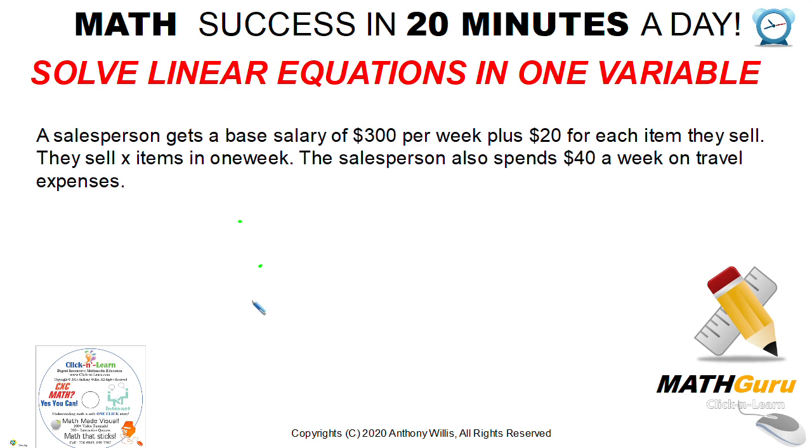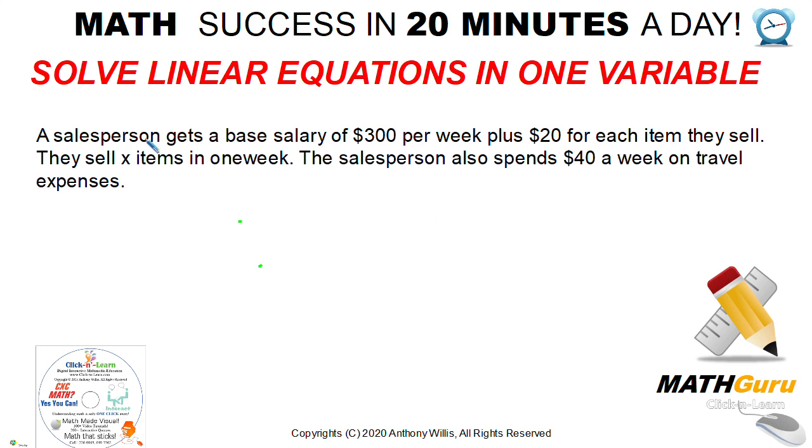Now you can pause the video here and express this word problem in the form of a linear expression, or put it in mathematical form. In other words, write an expression that represents the total amount made in 1 week. Pause the video, write an expression that represents the total amount made in 1 week.